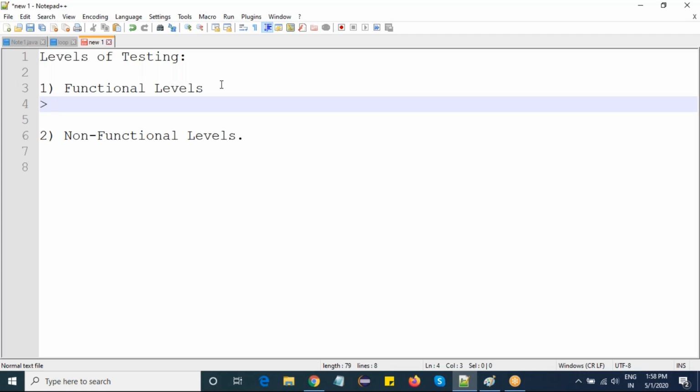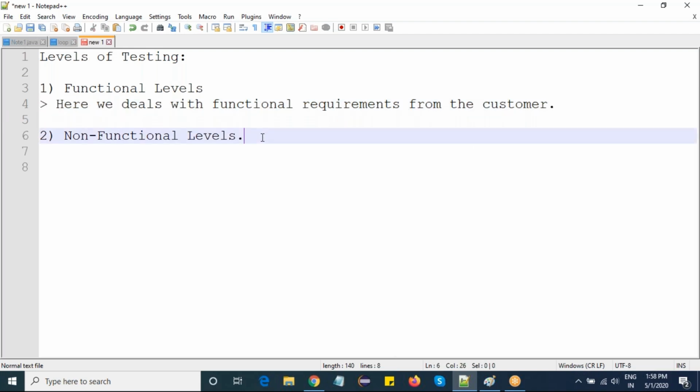All those will be discussed in the functional levels. So here we deal with functional requirements from the customer.